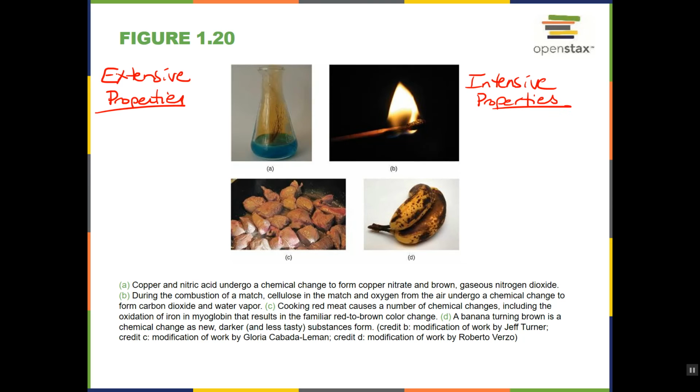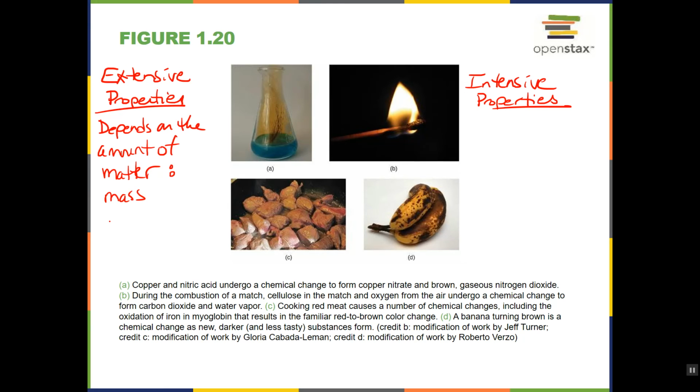An extensive property is something that does depend on the amount of matter present. In other words, some clearly memorable examples would be mass, right?